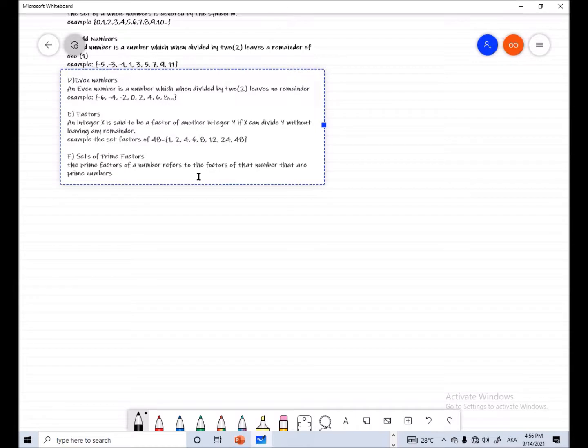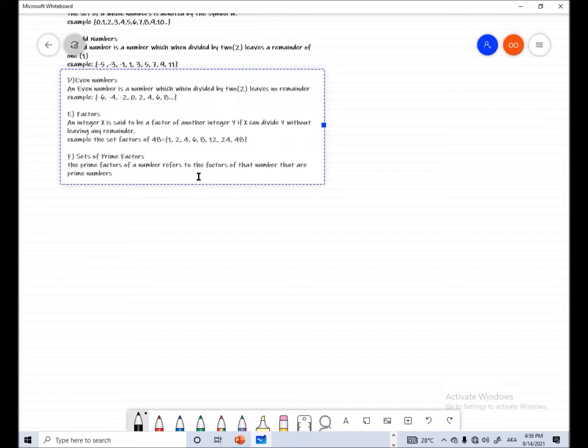Whatever is a prime number among the factors, we take as a prime factor. And the prime factors are members from the 48 or from that number.